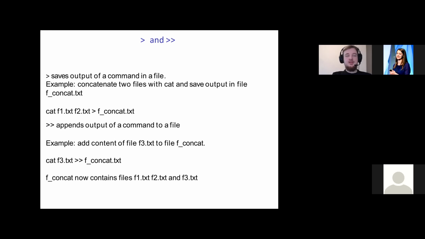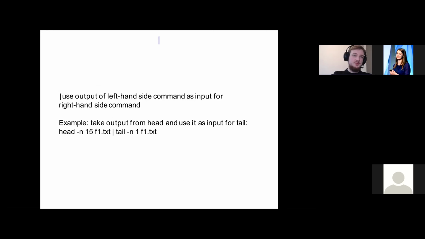Let's say I have 2 files, the reference genomes for chromosome 1 and chromosome 2, and I want to combine them. I could append the information from the file of chromosome 2 to the information of the file of chromosome 1.